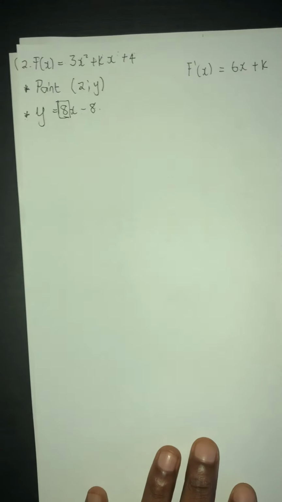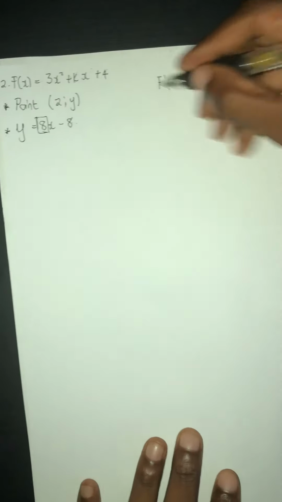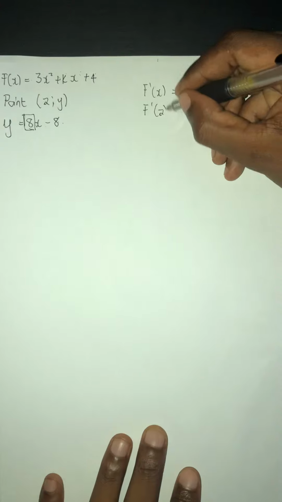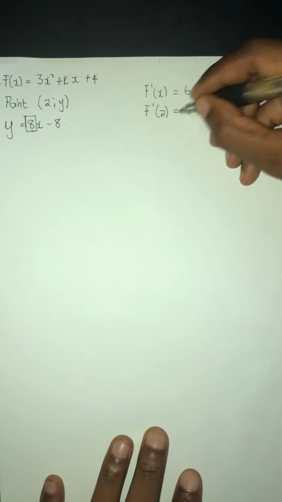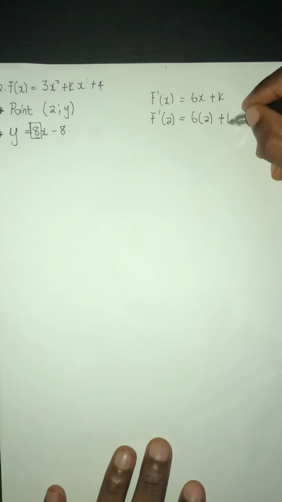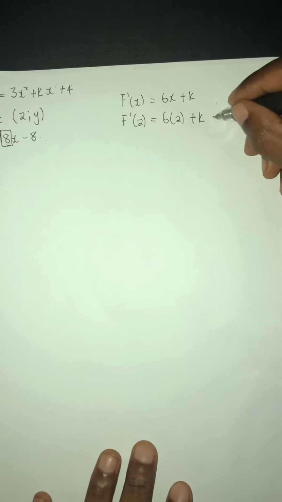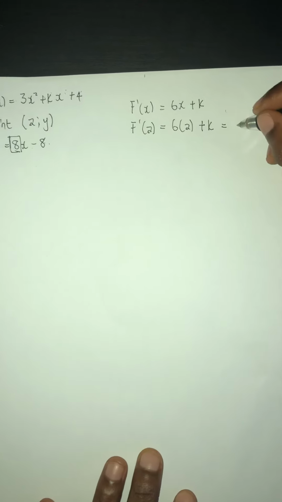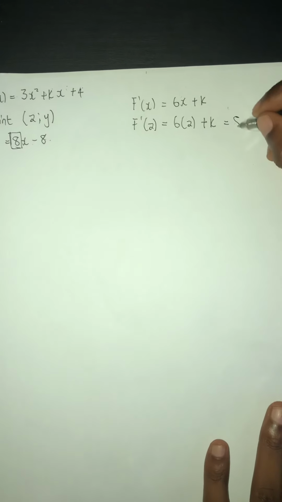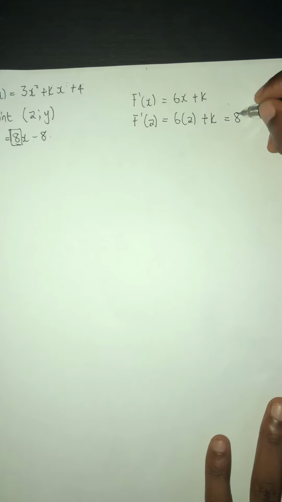But in this case, I already have the gradient and I don't have the complete equation for my f of x. So it means I could say, okay, I know that if I substitute my 2, which is the x value where the tangent is happening, into f prime of x, 6x plus k, I should get my m, which in this case is 8. So I will equate this to 8, and then that's where I will actually get my k.